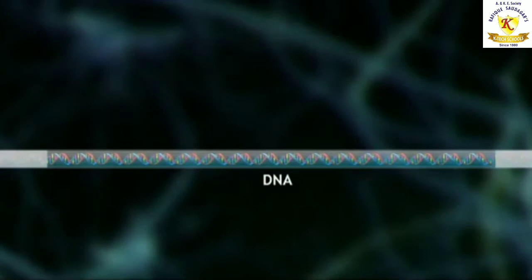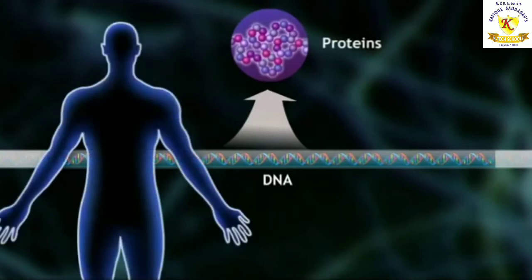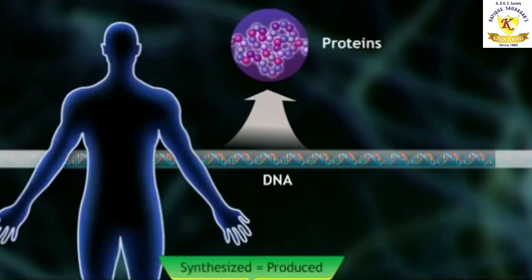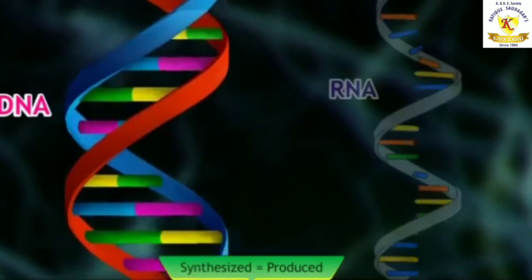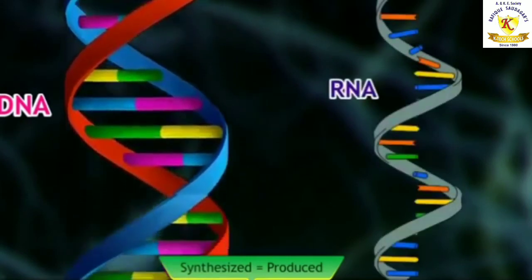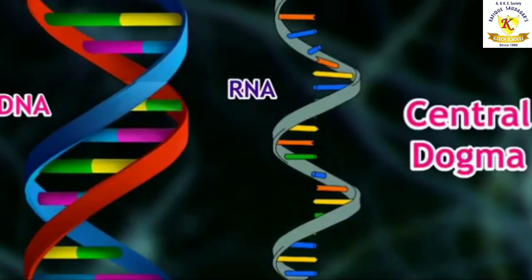And synthesis of appropriate protein as per the requirement is necessary for body. Now, these proteins are synthesized by DNA through the RNA. This is called as central dogma.